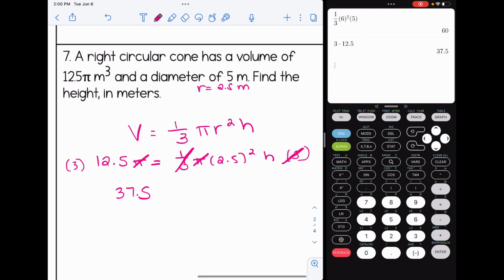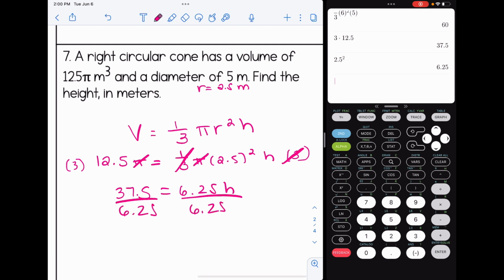Over on the right, the 1/3 and the 3 will go away. And then I'll simplify the 2.5 squared. Now you can see we have a much simpler equation to solve. Divide both sides by 6.25. So 37.5 divided by 6.25, and we get 6 meters as our height of the cone.